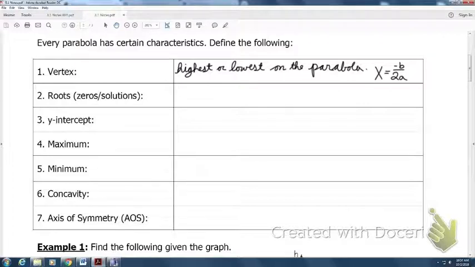The roots, the zeros, the solutions, the x-intercepts, it has four names for whatever reason. They all mean the same thing, and it is where the parabola crosses the x-axis. Most of the time you will have two, sometimes you will have one, sometimes you won't have any at all.